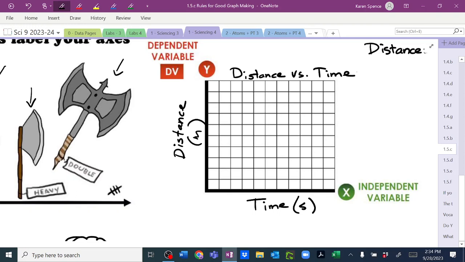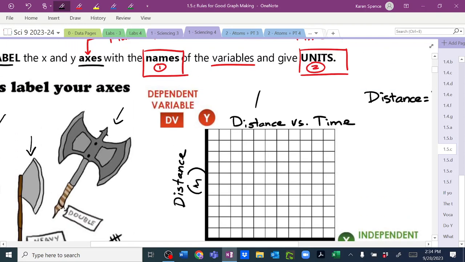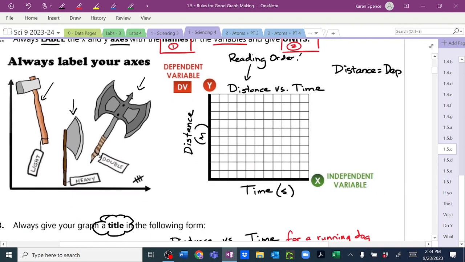Okay, so it's just like reading order, okay?